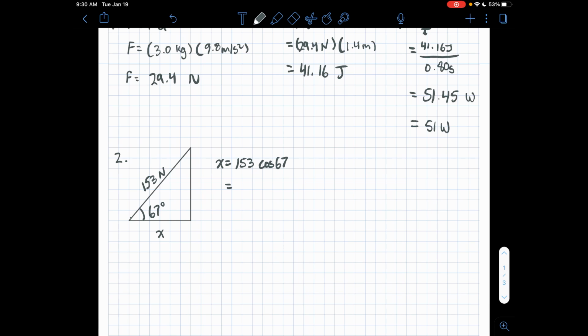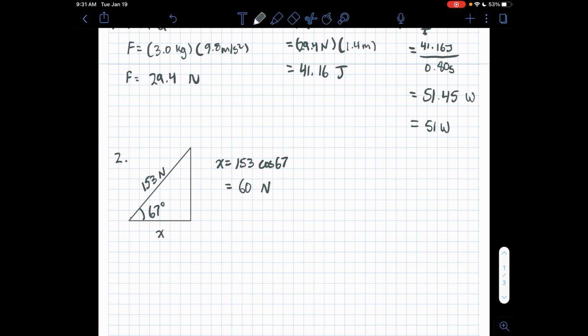So we'll just write that as 60 newtons. That's the amount of force that is being applied to the large bag horizontally.